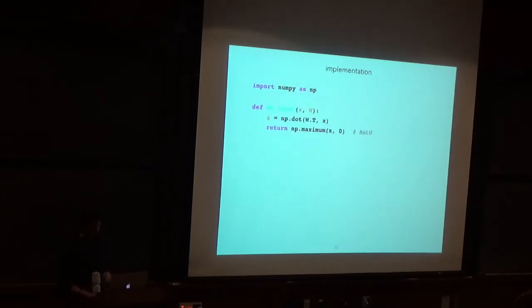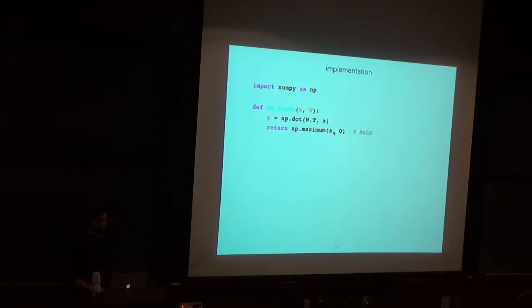Just to think about what this actually looks like in code, if you were using NumPy to implement this, this is what a basic neural network layer looks like. You have the input coming in, you have this set of weights, you take the dot product of the weights against those inputs, and then in this case we're applying a nonlinearity, which is just the maximum of the input and 0, so we're just taking the positive part.